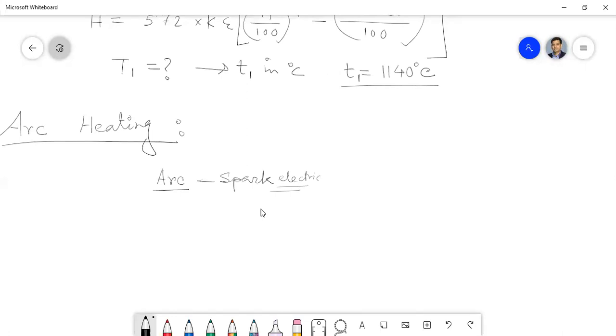What is the result of that? Heat, huge পরিমাণে হিট প্রডিউস হয় আর এয়ারটা আয়নাইজড হয়ে কন্ডাক্টিং হয়ে যায়। আমি জিজ্ঞেস করছি আর্কের রেজাল্টটা কি হলো?